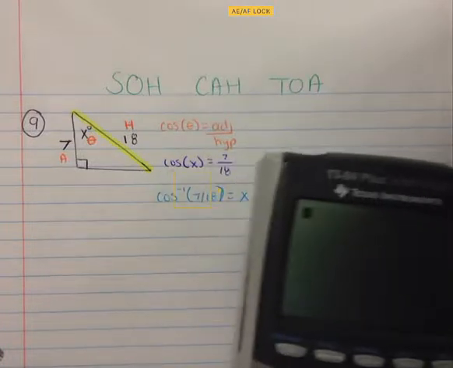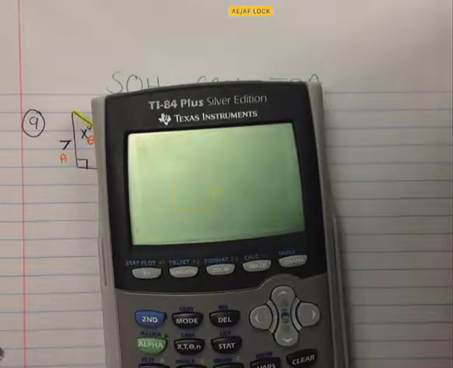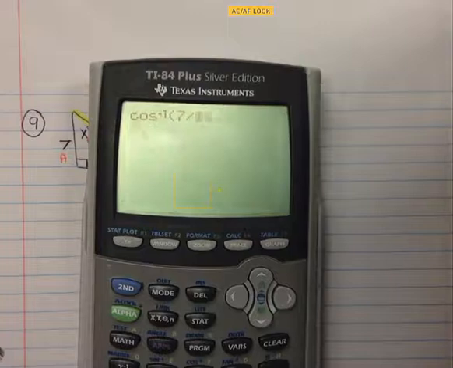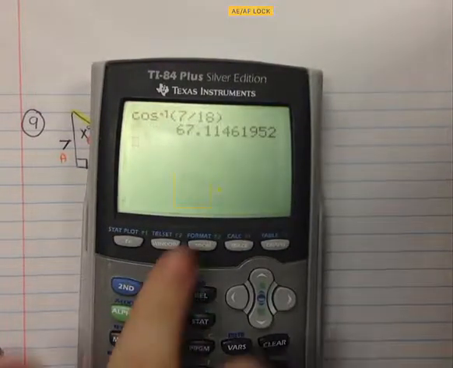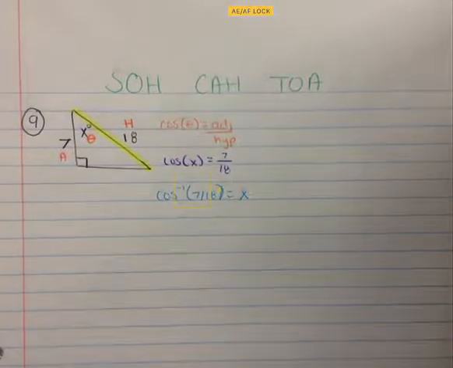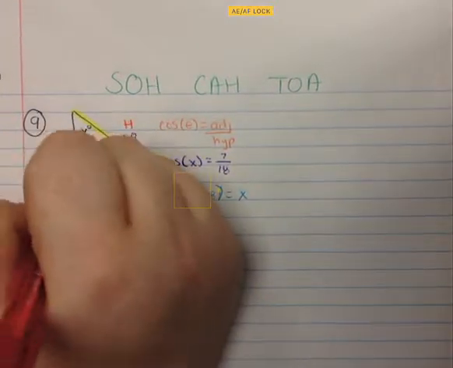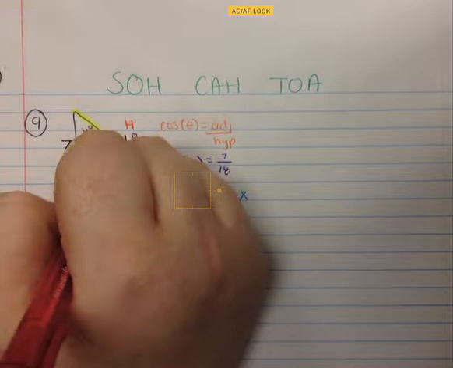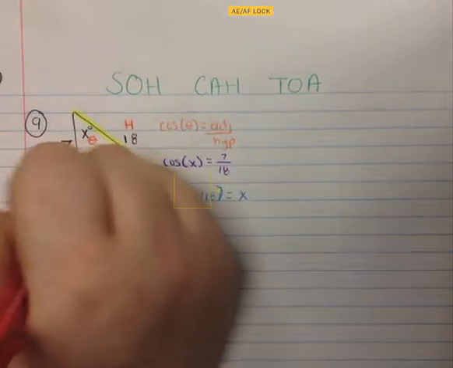So I'll do second cosine, 7 divided by 18, and it's roughly 67.1 degrees. So x is approximately 67.1 degrees.